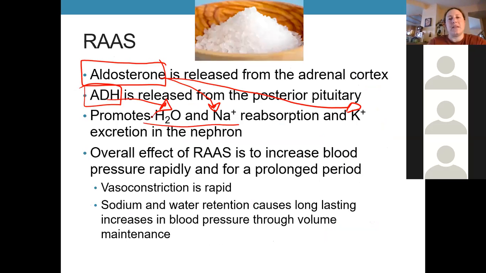And this is occurring in the distal convoluted tubule, and this is occurring in the collecting duct. So we get a rapid increase in blood pressure, and then we sustain it by trying to maintain blood volume as much as possible, which helps maintain blood pressure.